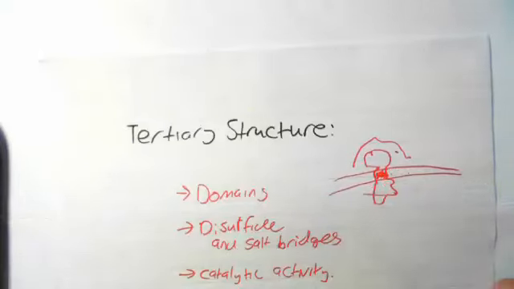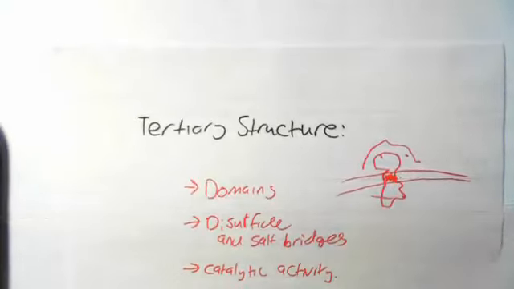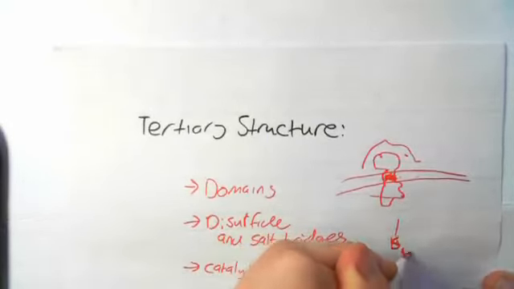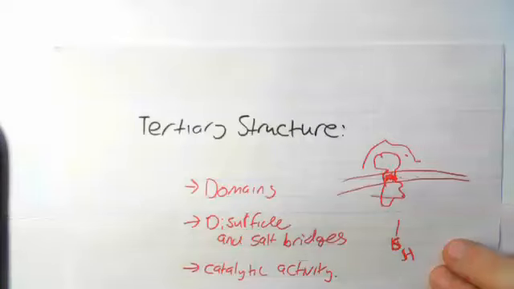So different domains are something that come along with tertiary structure. You also get tertiary structure maintained by disulfide and salt bridges. Disulfide bridges form between cysteine residues, which have a functional group ending with an HS group, a sulfur and a hydrogen.